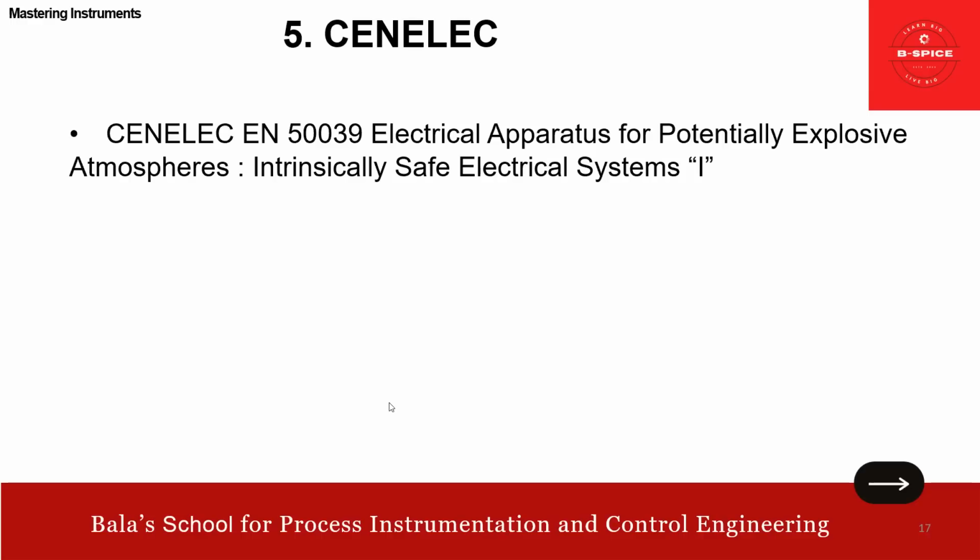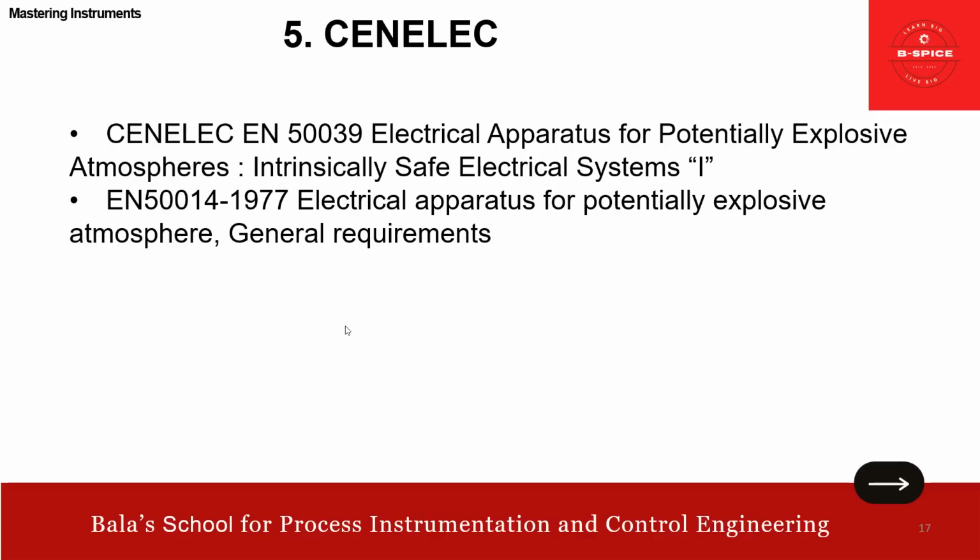Then we have CENELEC. CENELEC EN 50039, electrical apparatus for potentially explosive atmospheres, for example, intrinsically safe electrical systems. EN 50014 talks about electrical apparatus for potentially explosive atmospheres, general requirements.